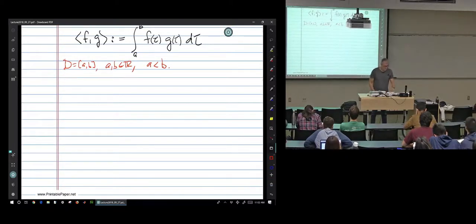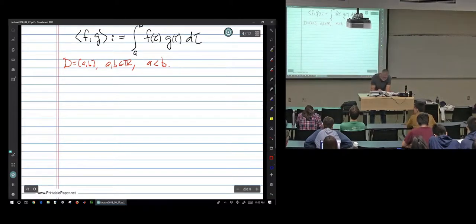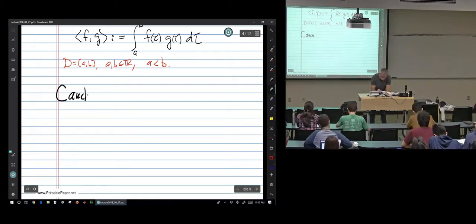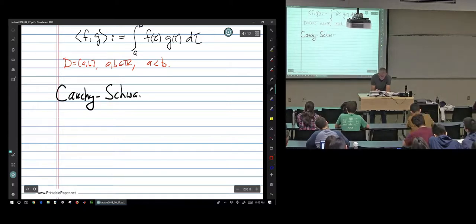Okay, here's the key thing we need. This is called the Cauchy-Schwarz Inequality.